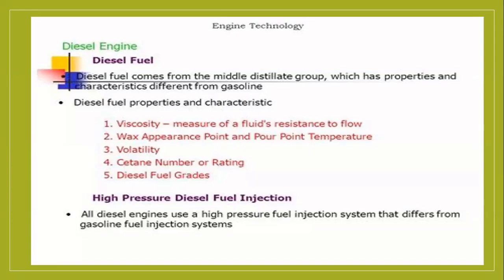So here, in the injection system, diesel fuel comes from the middle distillate group, right? You know crude oil comes from mining under the sea or sometimes under the land of the Middle East.